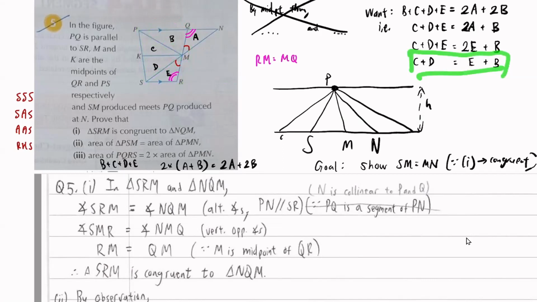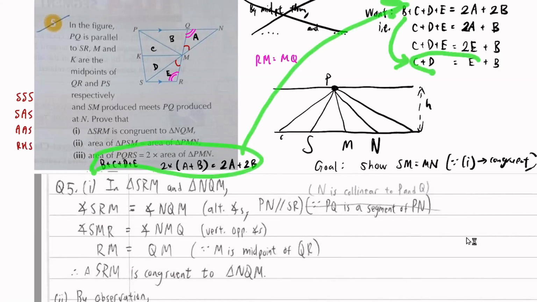How? Do you see what I'm doing? Do you understand the objective now? We are trying to show this. We started with the question, then we translated it into this ABCDE diagram, did a bit of algebra, and then simplified it down into this.